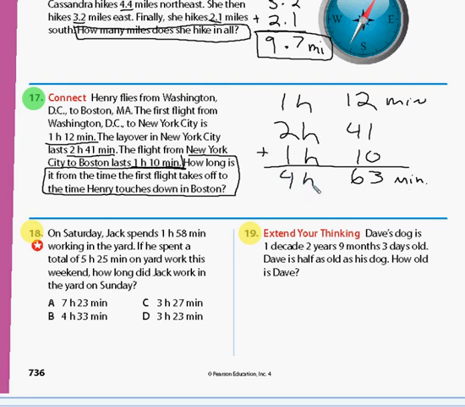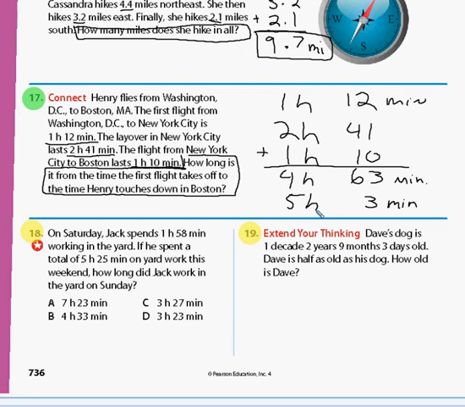Okay, but we don't say 4 hours and 63 minutes because there's 60 minutes in an hour. So I'm going to take away 60 minutes from right here. That leaves me 3 minutes. I'm going to regroup it over here. That's going to give me another hour right here. So that's 5 hours and 3 minutes from the time he took off till the time he landed in his final destination.